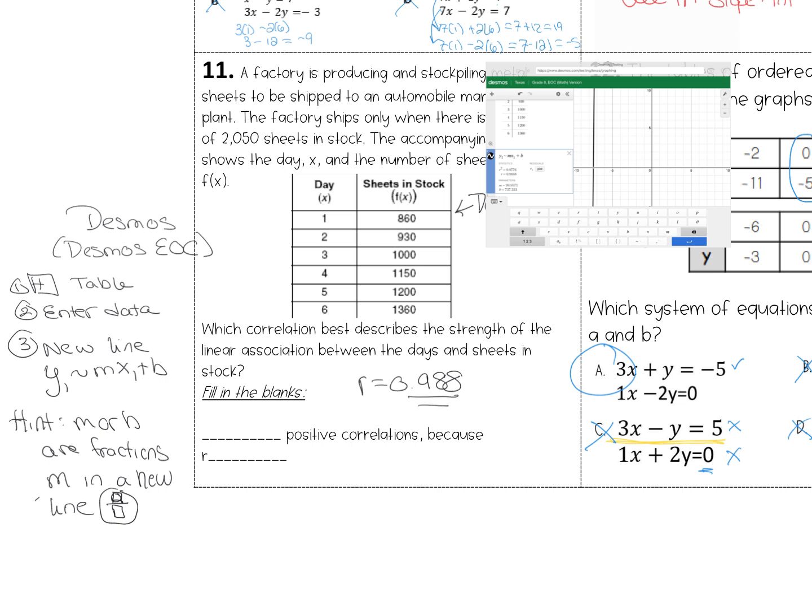This is very close to 1, so this is strong positive correlation because r is very close to 1. Similar to number 11, which we did right here on the other page.